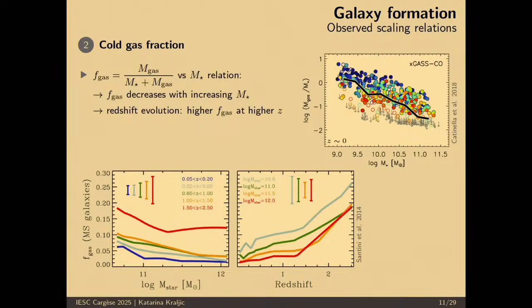Again, the question is, is this sensitive to the feedback? And again, it turns out, maybe quite surprisingly, not that much, because you change the amount of gas through the feedback, but you also change proportionally the stellar mass that is produced through the star formation. So on zeroth order, it's not very sensitive to this feedback.